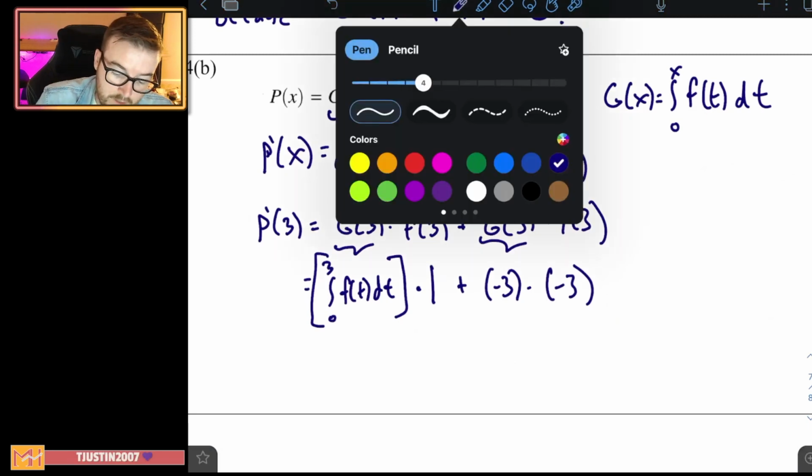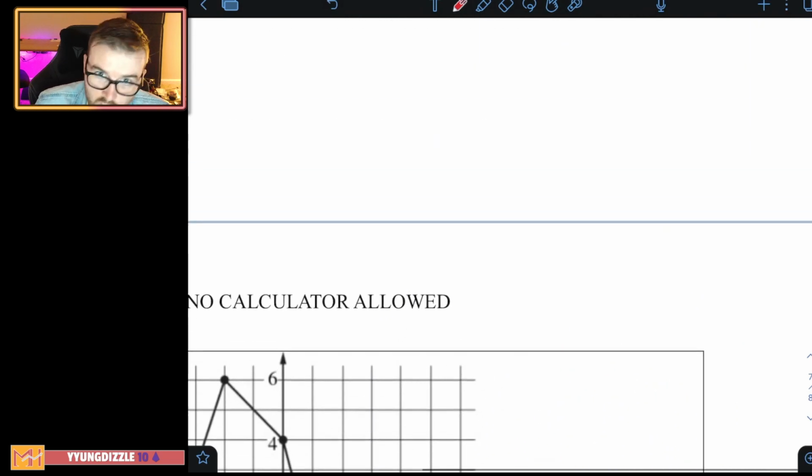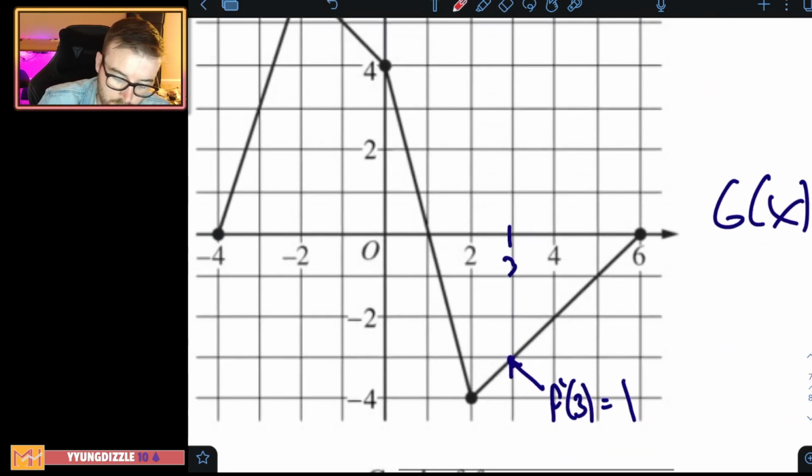Now, we still have to do this part, and I'll have you know at this point, we're done with the calculus, right? Once we get this answer, we're done. So what is the integral from 0 to 3 of f? That is the ticket. That is g of 3. The integral from 0 to 3, this is a positive area, and this is the same triangle with a negative area.